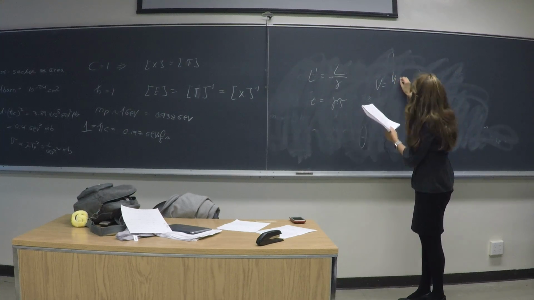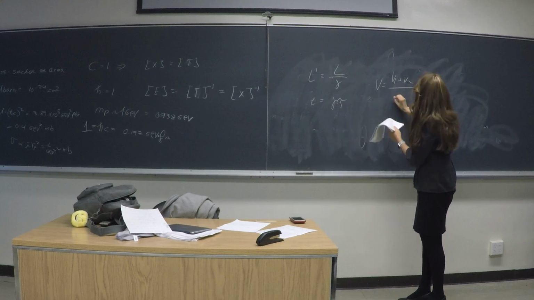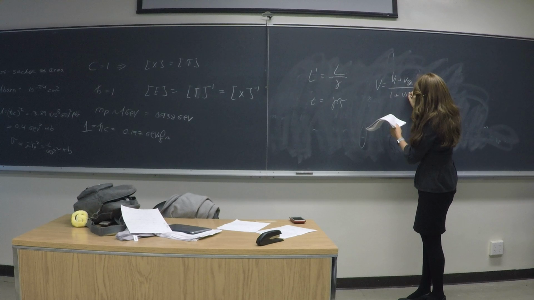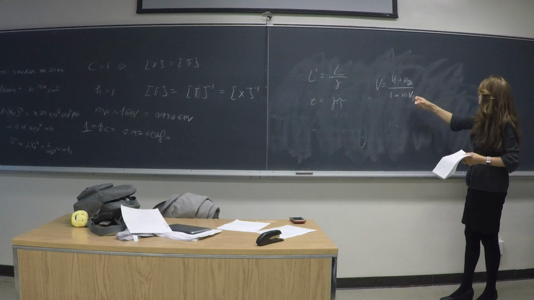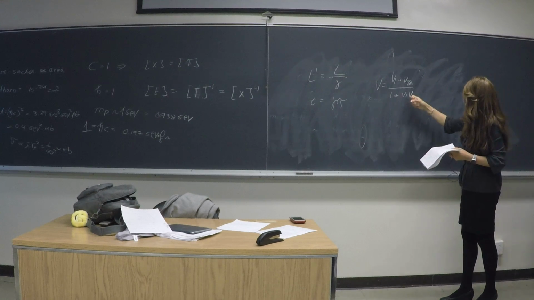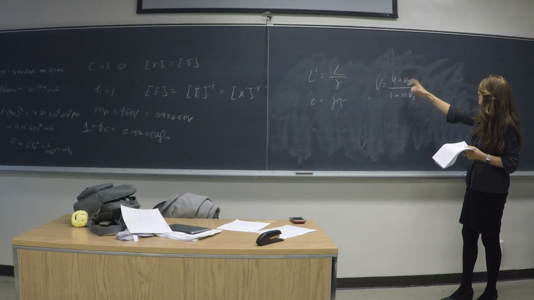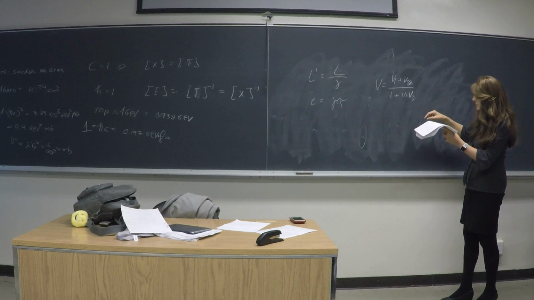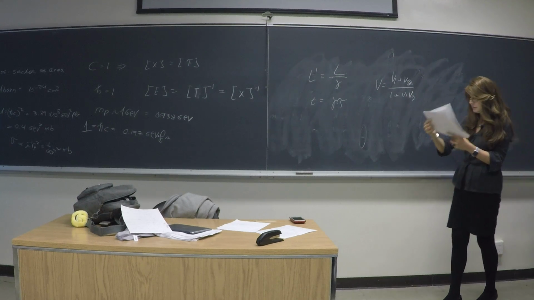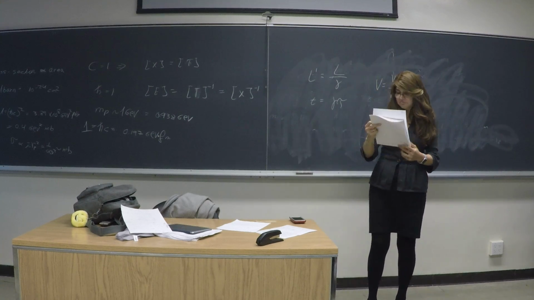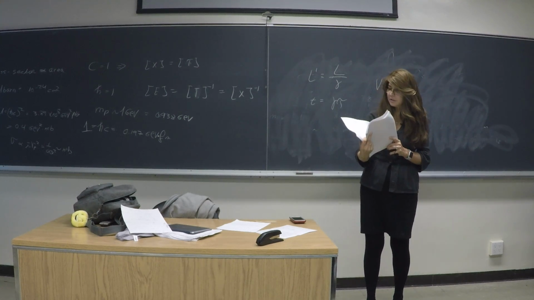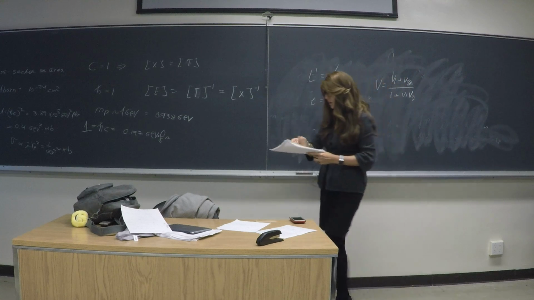So we have v1 plus v2 divided by 1 plus v1 v2. I took c equals 1. And obviously if one of them is c, everything will turn out to be c. The other one will be c as well. Sorry, 1.